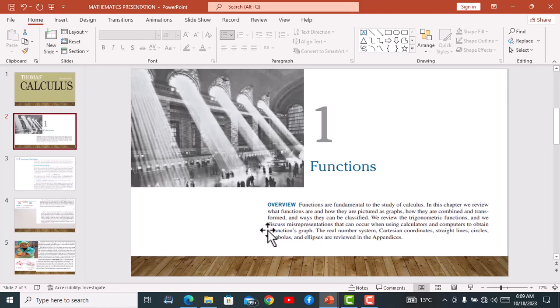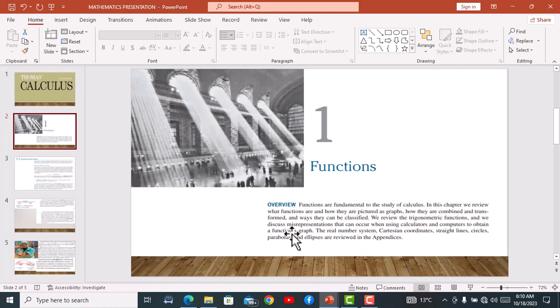We review the trigonometric functions, and we discuss the misinterpretations that can occur when using calculators and computers to obtain a function's graph. There are many misinterpretations that can occur when somebody tries to calculate something or punch something into a computer in order to obtain a function's graph.